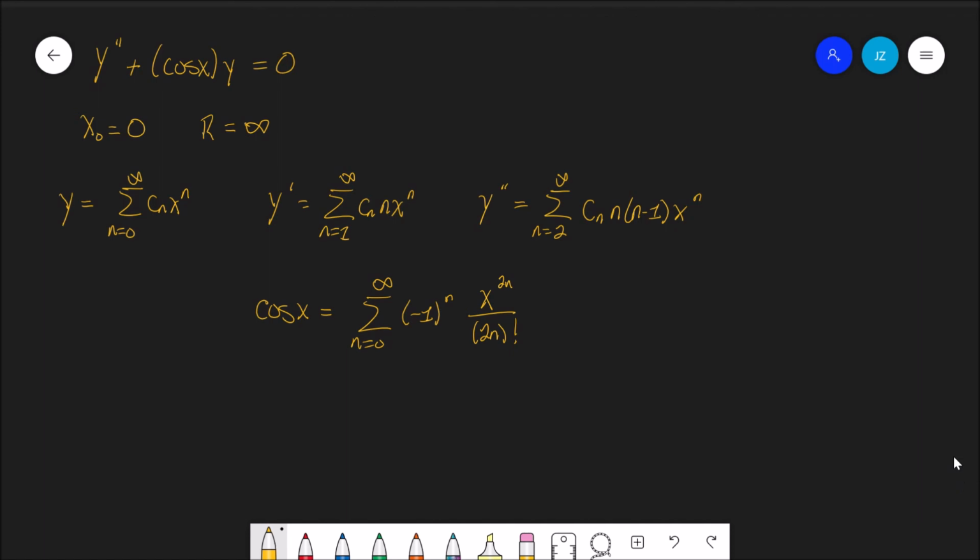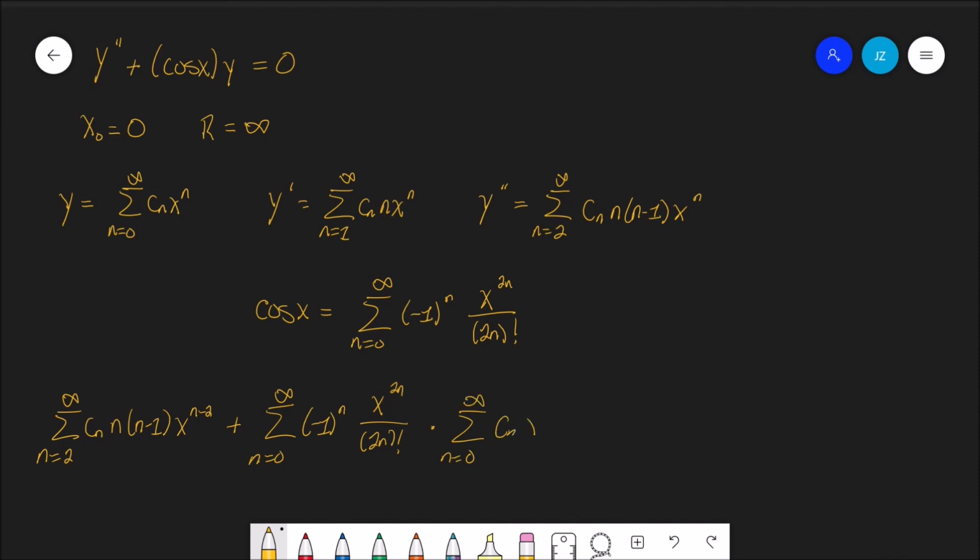So we'll get summation n equals 2 to infinity c sub n n minus 1 x to the n minus 2 plus the summation n equals 0 to infinity minus 1 to the n x to the 2n over 2n factorial times the summation n equals 0 to infinity c sub n x to the n.